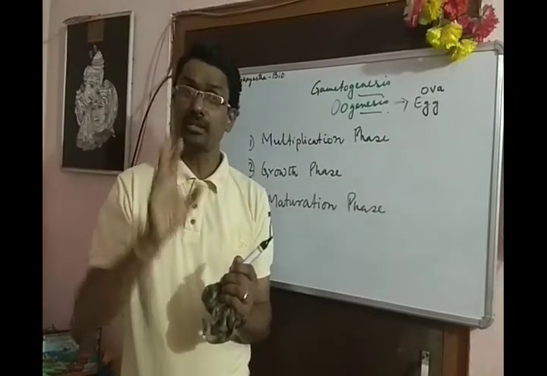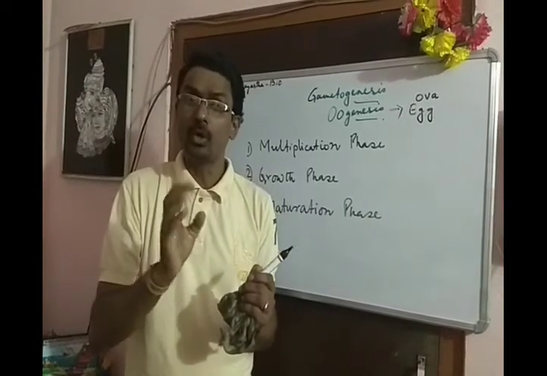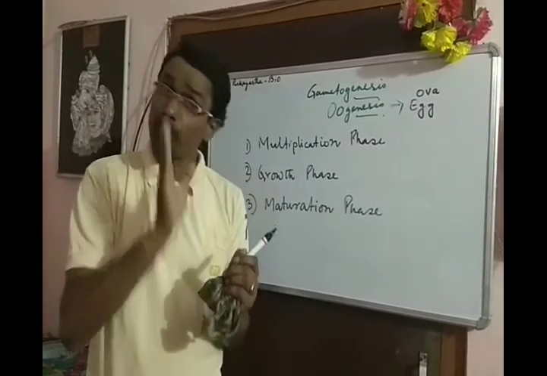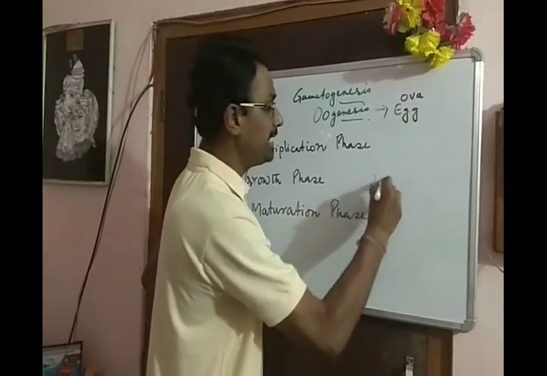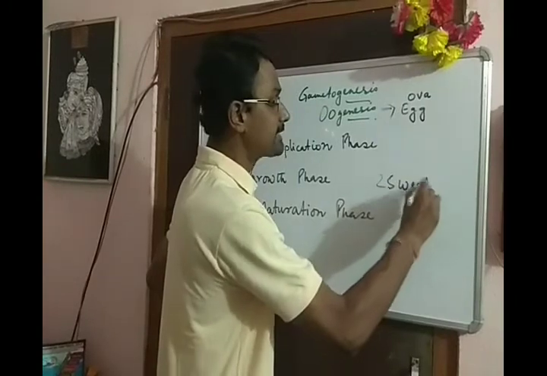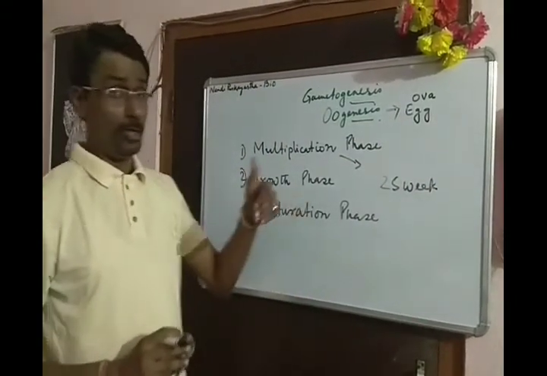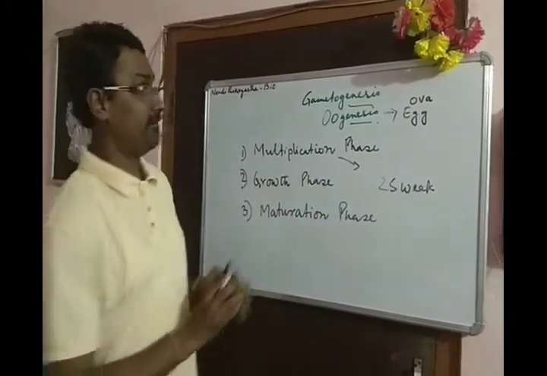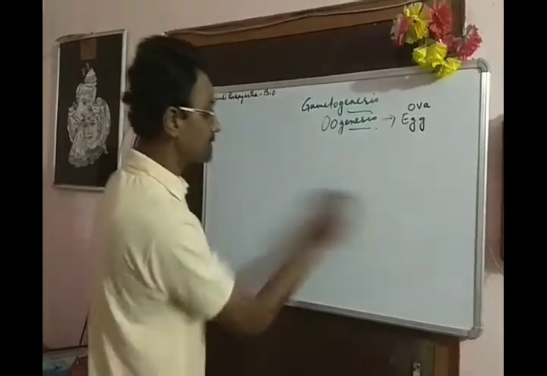That means the process of egg formation starts in the fetus, before the baby is formed. It completes within 25 weeks. This multiplication will be going slowly, one by one, so that you understand very nicely. Okay, students?